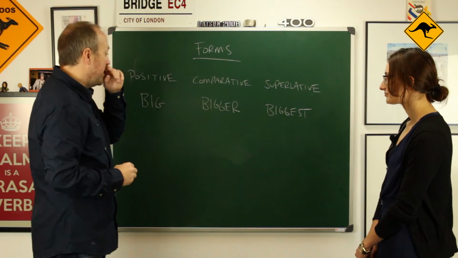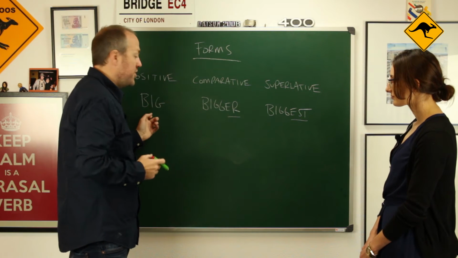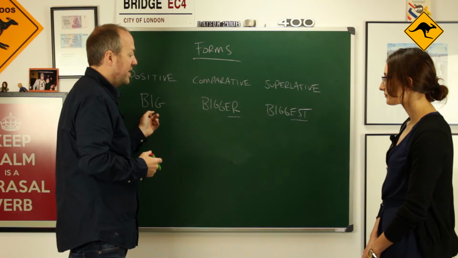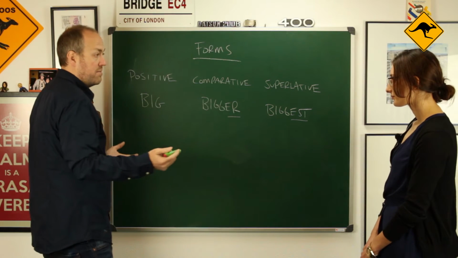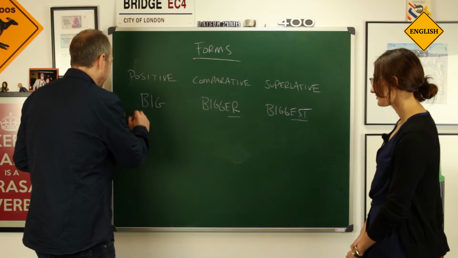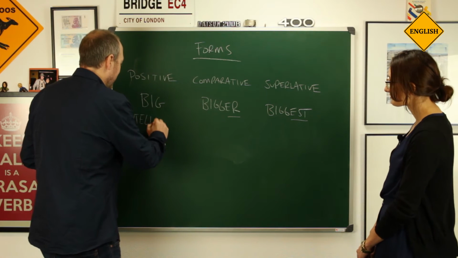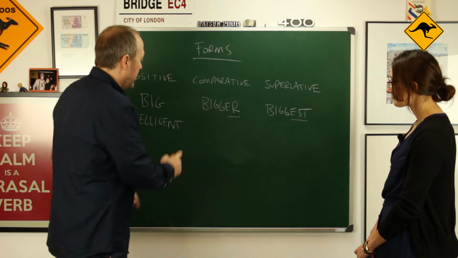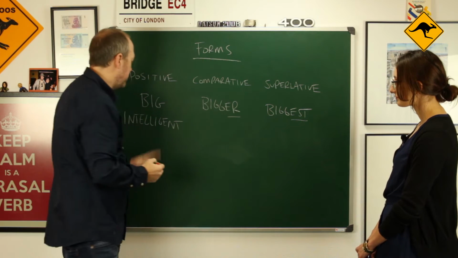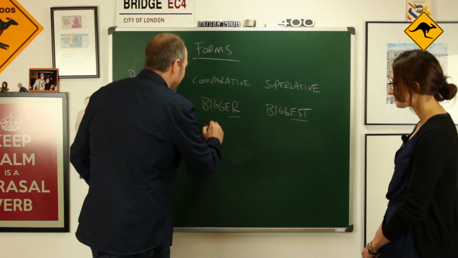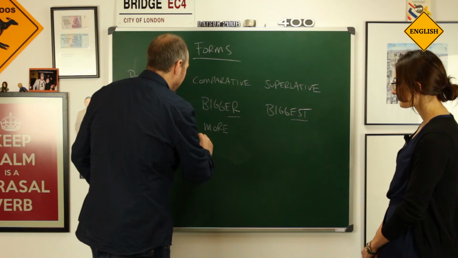Okay, fantastic. This can change if the adjective has three syllables or more. So if it has three syllables, like, for example, an adjective which is longer. Intelligent. Okay, so let's look at intelligent. So in this case, we don't put ER, we don't say intelligenter. We say? More intelligent. Very good. So we say more intelligent.